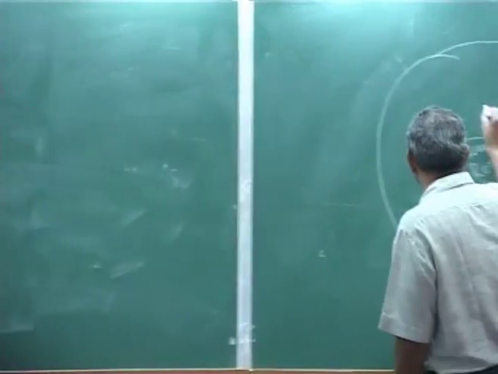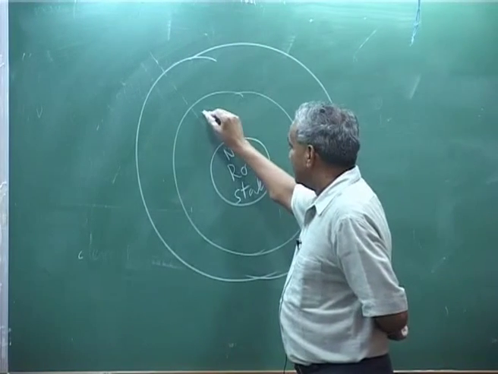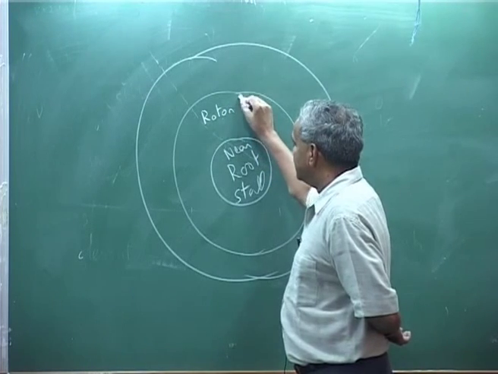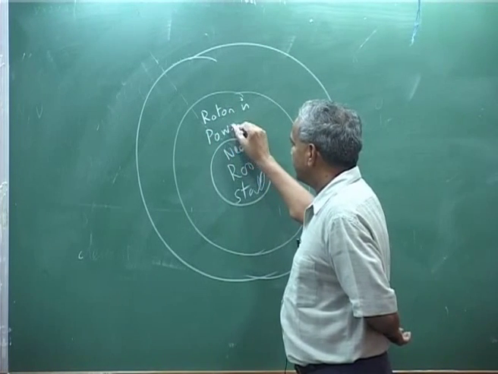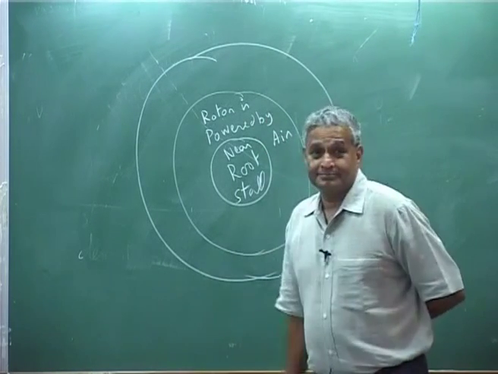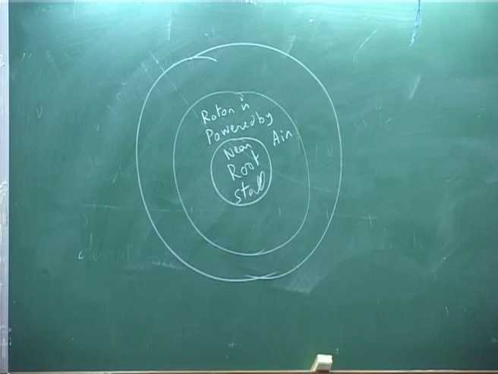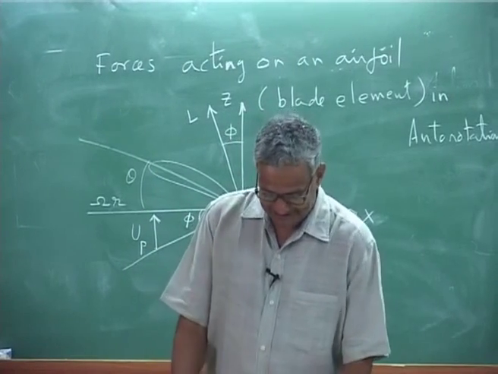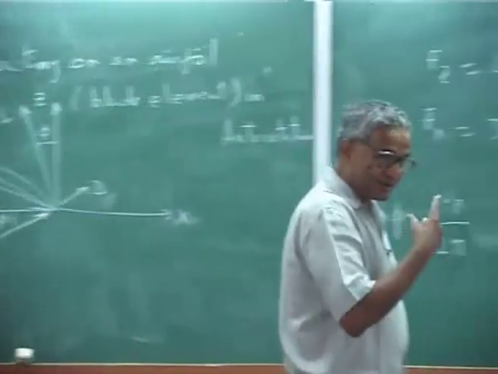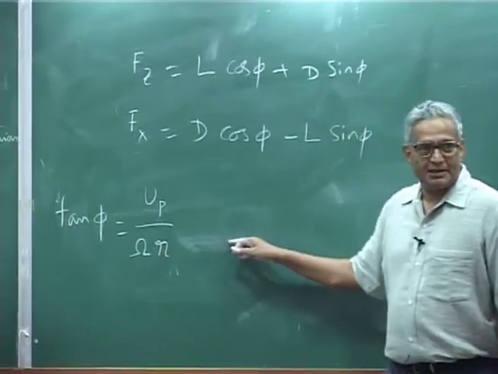That means it is not that every point is under autorotation. So, there will be one more circle which I will draw. Here, the rotor is powered by air, basically. That means the resultant flow rotates the rotor, all right. So, power from air to rotor. Outside, what happens if you keep on increasing your omega r larger?